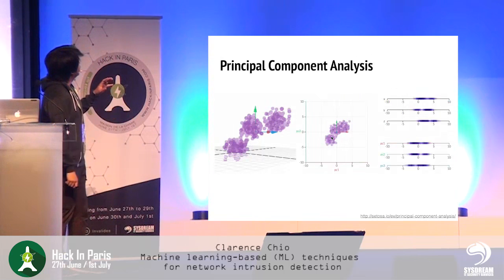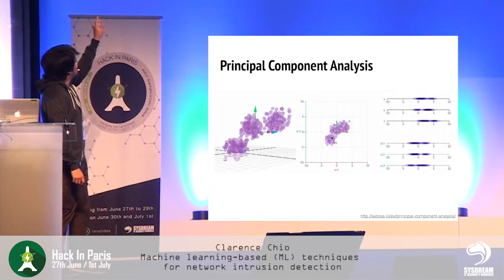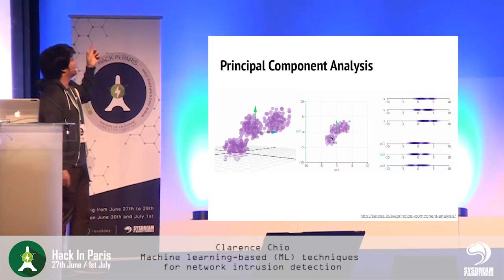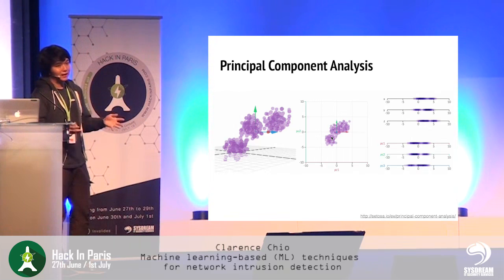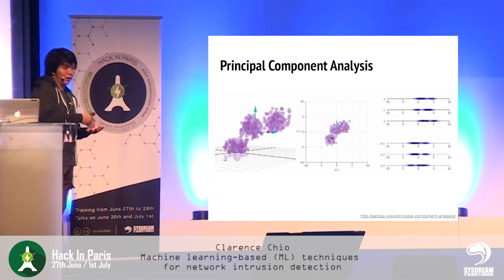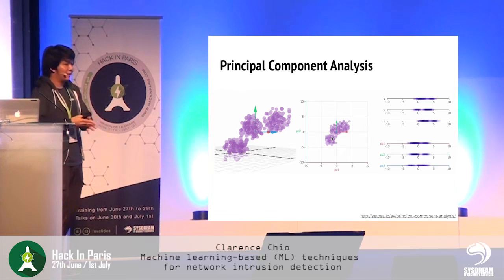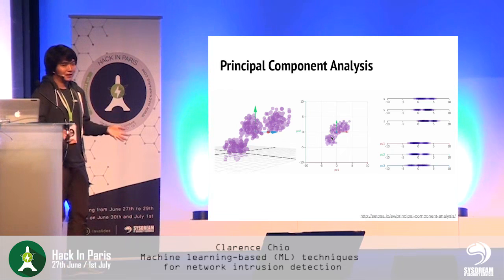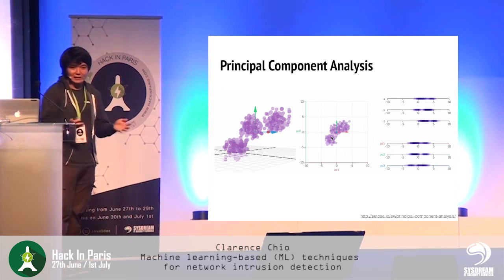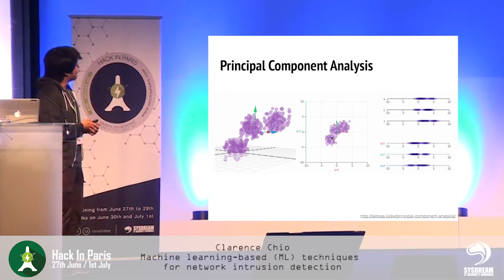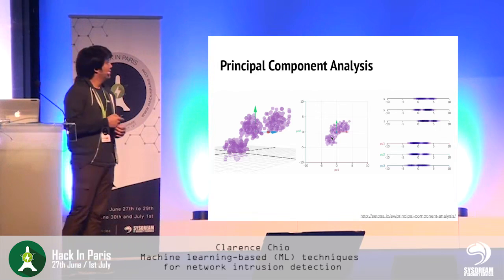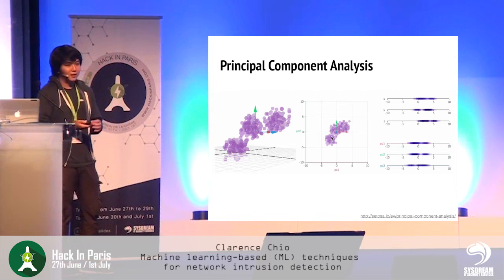So in a 3D space, if you have an axis and you move the axis around your data, it's looking for the principal components, which is this graph right here, looking for the variance in your data set. Let's say you had an IP address that visits your server 1 time, and another IP address that visits your server 10 million times. So the variance here is 9,999,999. So this is a large variance.